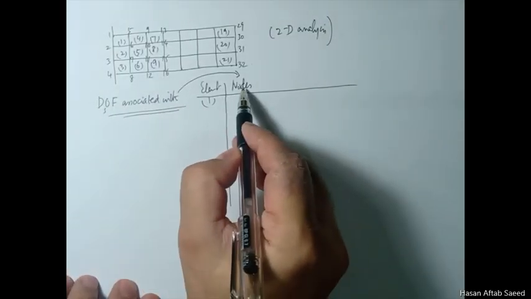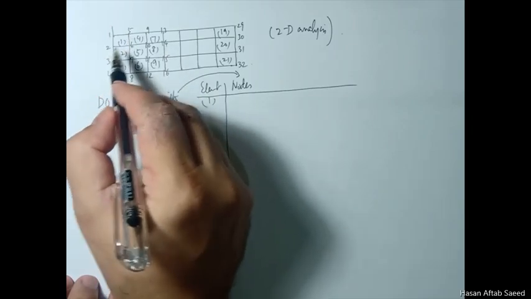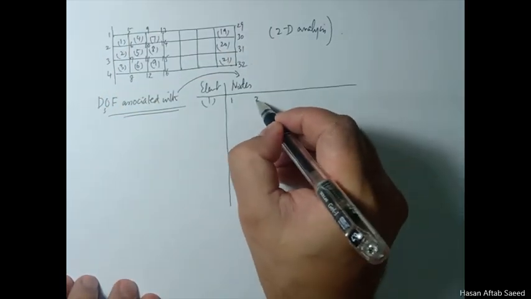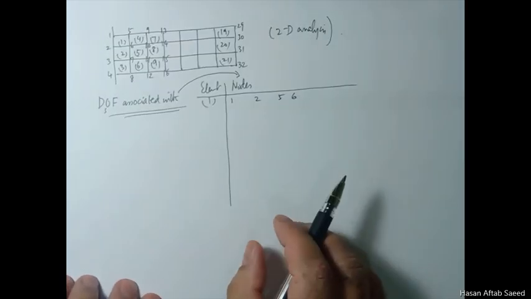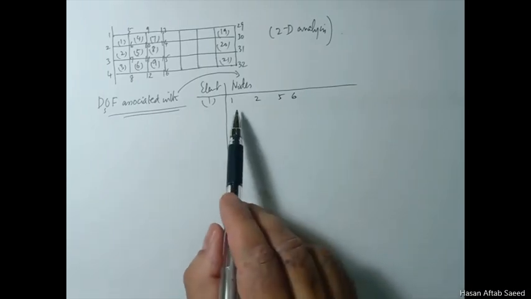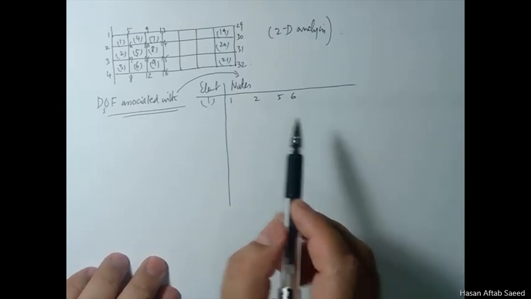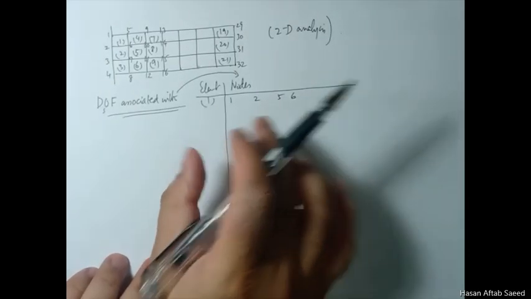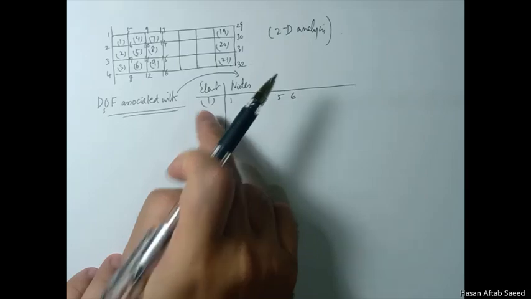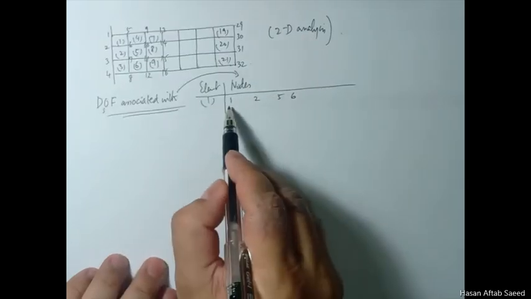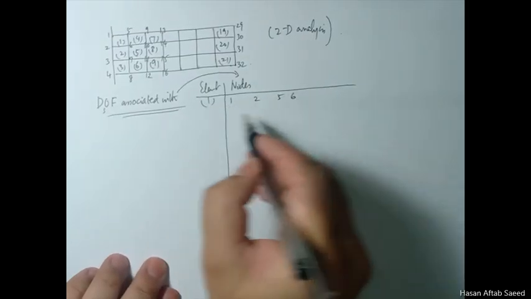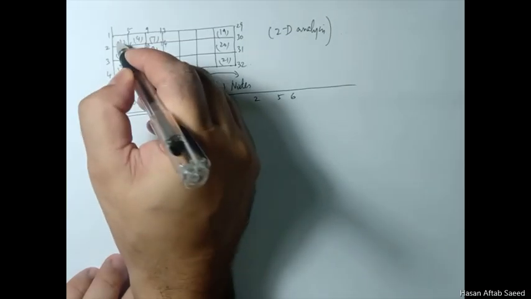Degree of freedom associated with nodes. So when I write 1, 2, 5 and 6, then degrees of freedom are actually twice these. So I'm not talking about degrees of freedom, I'm just talking about nodes here. So when we have in our system element number 1, then you have 1, 2, 5, 6. These are the nodes which are associated with element number 1.